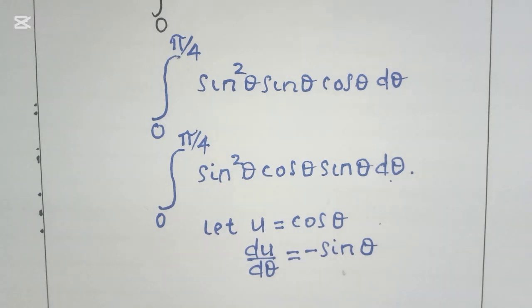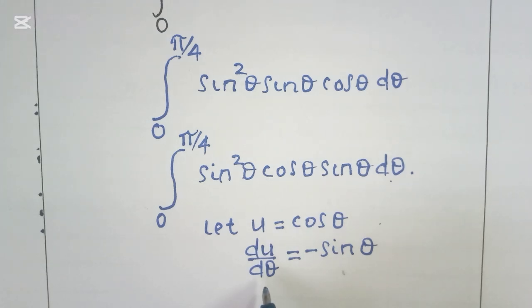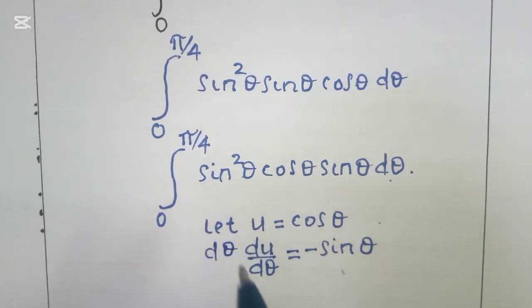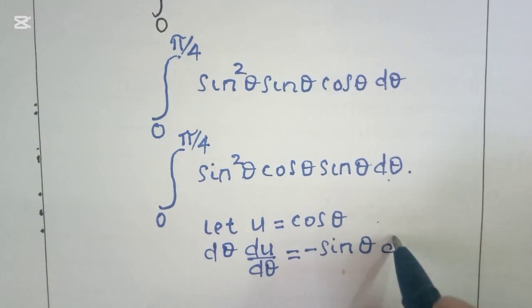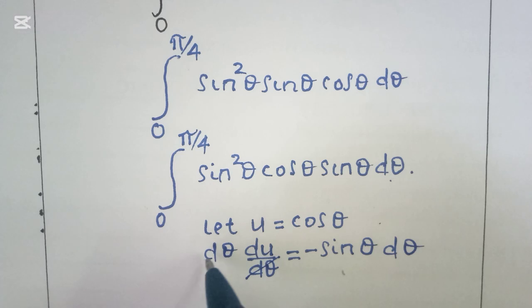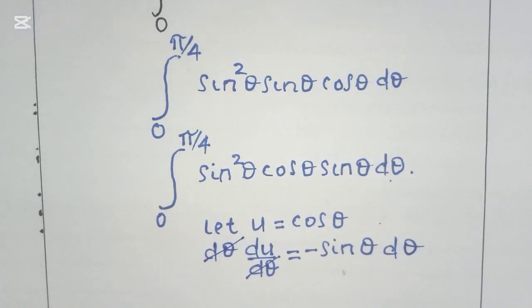So now, guys, I can move my d theta from this position to this position. I multiply here by d theta, also multiply here by d theta, so that this one will cancel, and now I'm left with negative sine theta d theta.